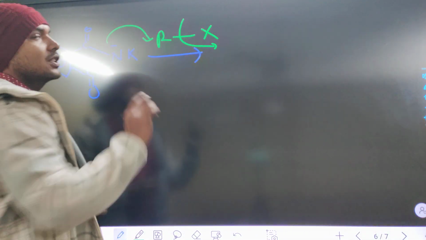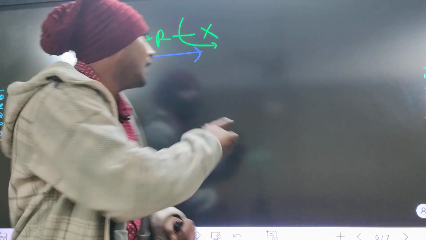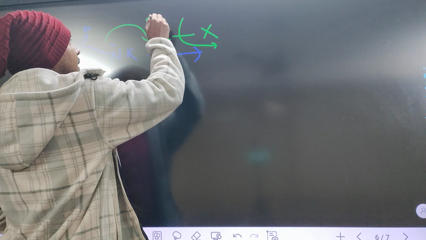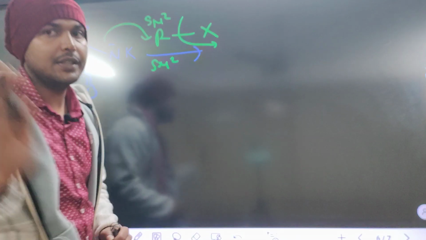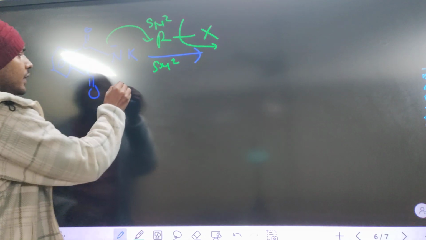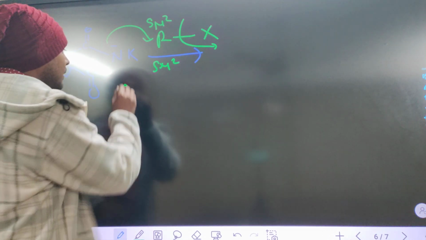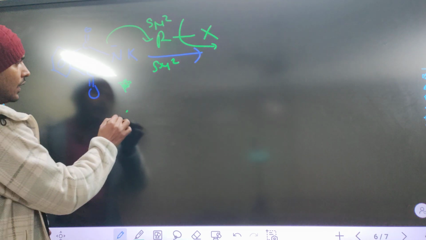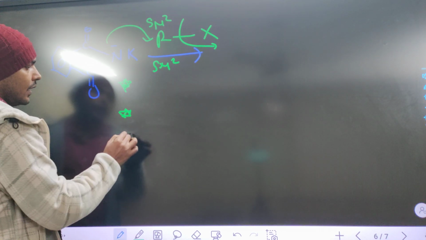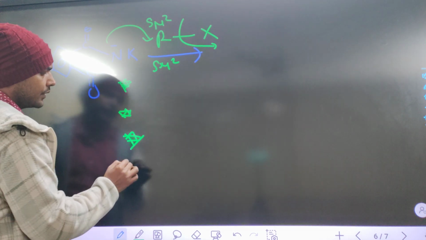So if this R is chiral, then inversion is possible because it is an SN2 mechanism. So if R is chiral, I am writing some bullet points. Okay, if R is chiral, and second and third I am putting some points.